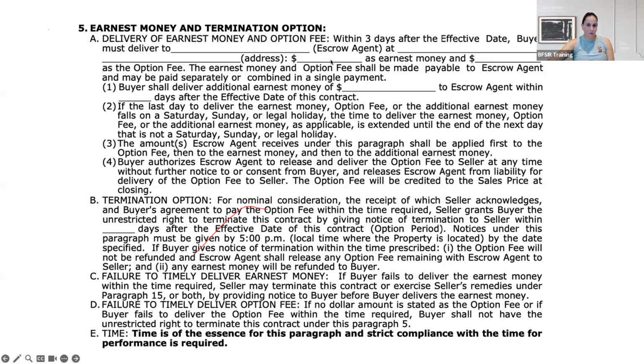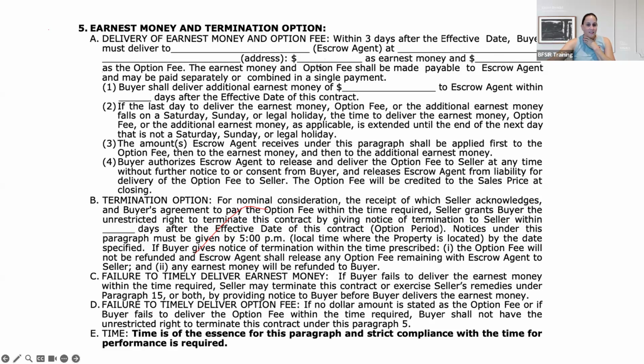So they had 14,000 as the original earnest money amount and 18,000 as option fee, when they meant to put 18,000 as earnest money and like $1,000 as option fee. So technically their buyer was on the hook to deliver 32,000, 18,000 of which was option. So that was a huge mistake.